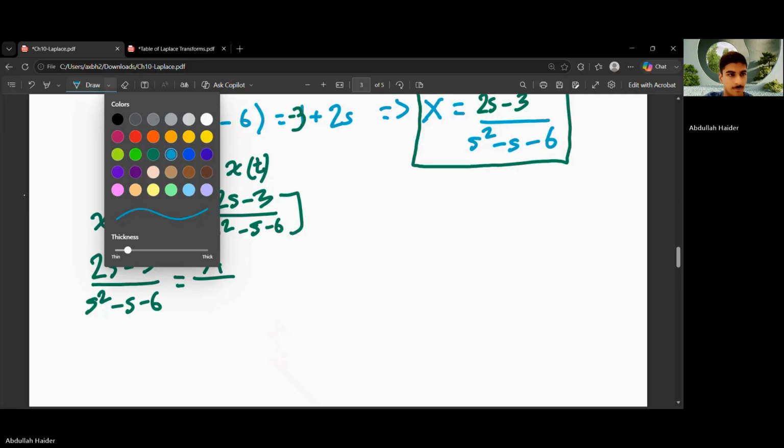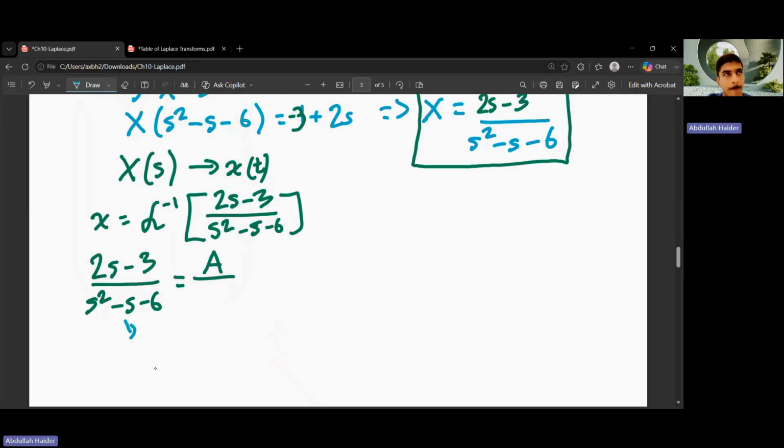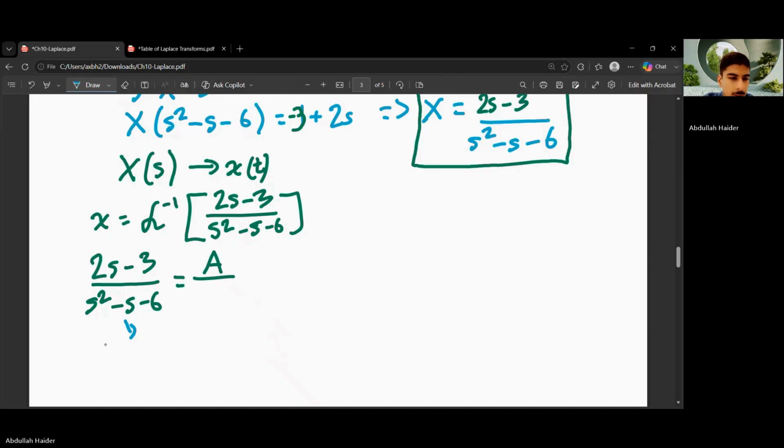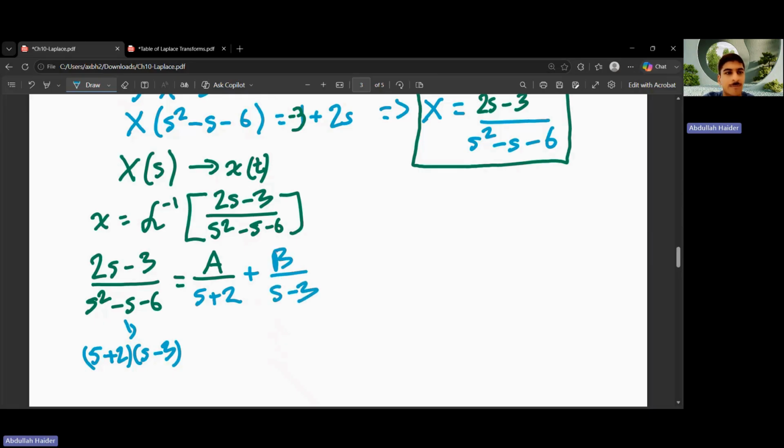Now, how can you factor this? S plus 2, s minus 3, I think. One minute. Yeah. So you have A over s plus 2 plus B over s minus 3.